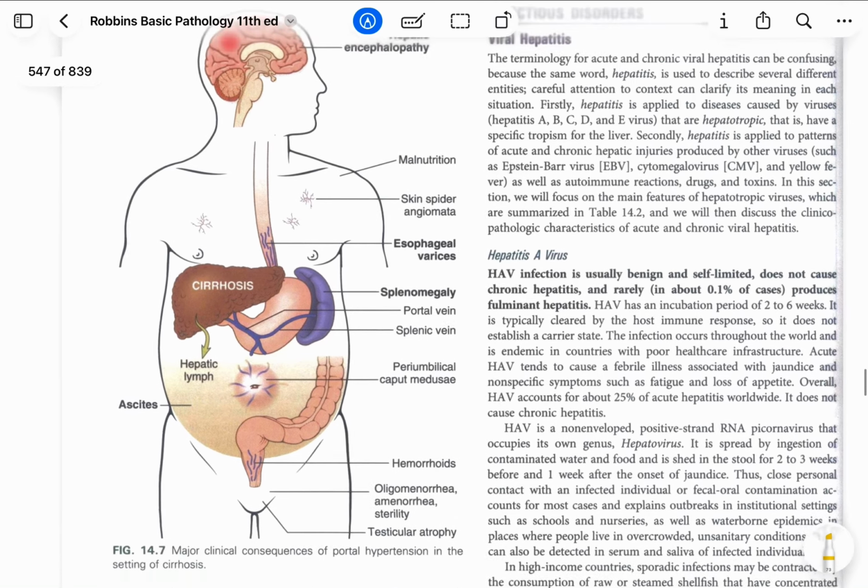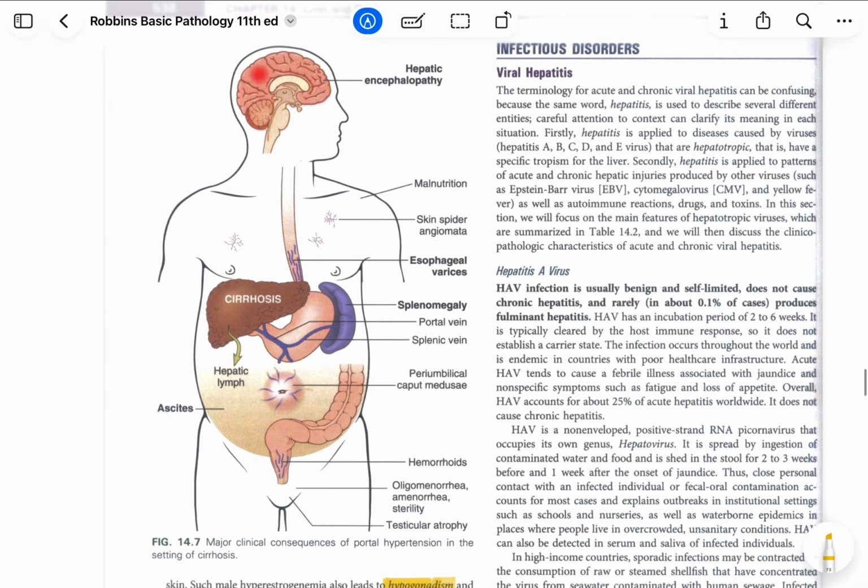So here we can see all the signs and symptoms. The patient can have hepatic encephalopathy, then there will be malnutrition, there will be skin spider angiomata, there will be esophageal varices which can lead to hematemesis, and there will be hypersplenism, splenomegaly, which will cause pancytopenia.